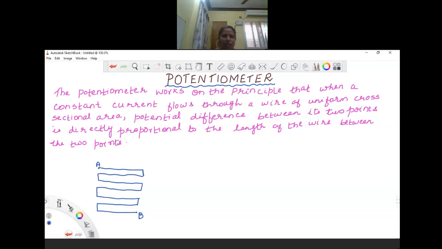And now let us see what is the basic principle of this potentiometer.